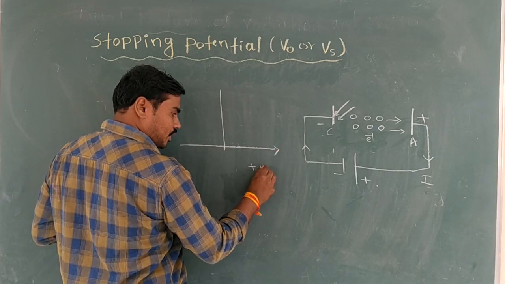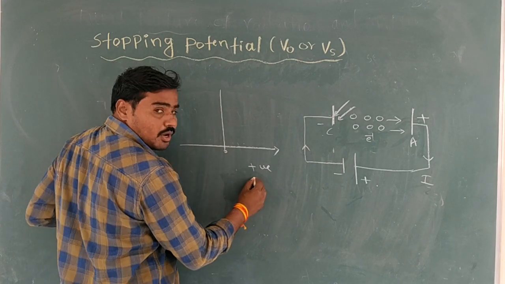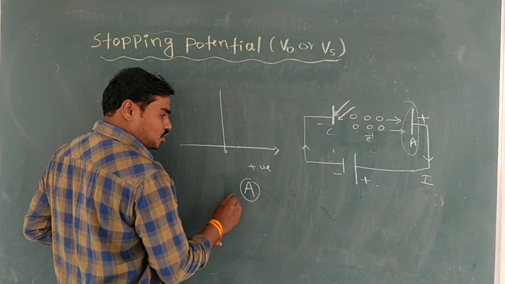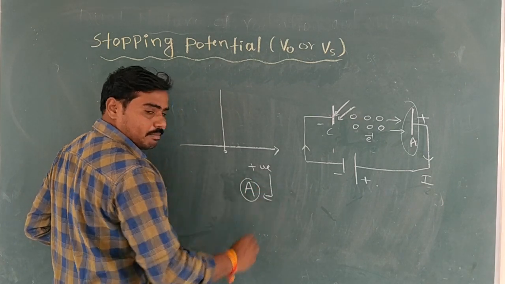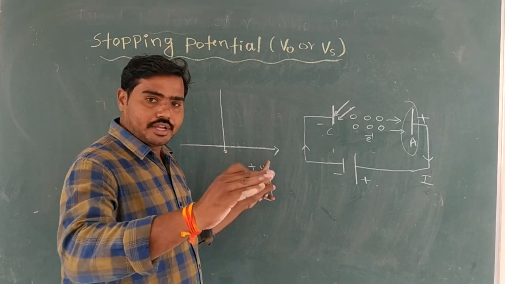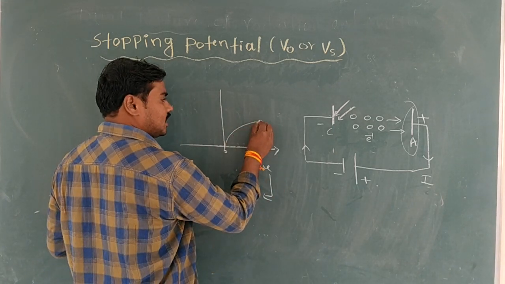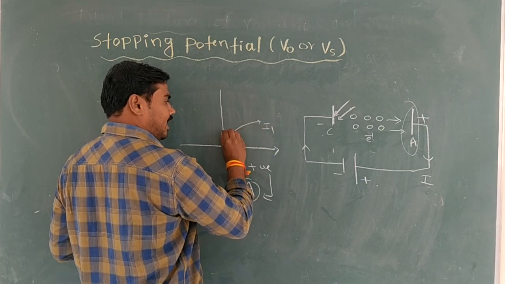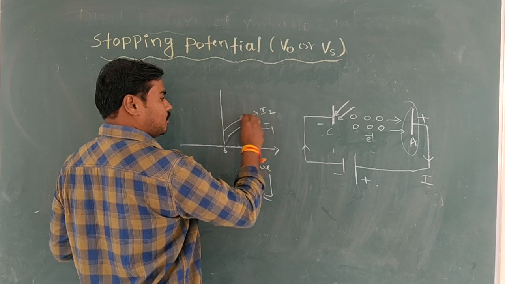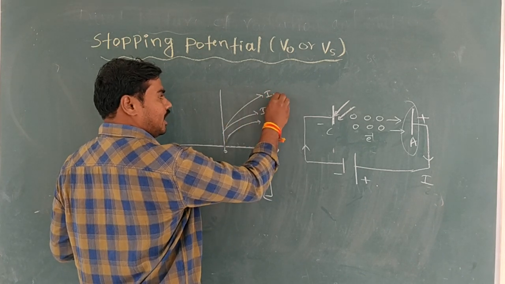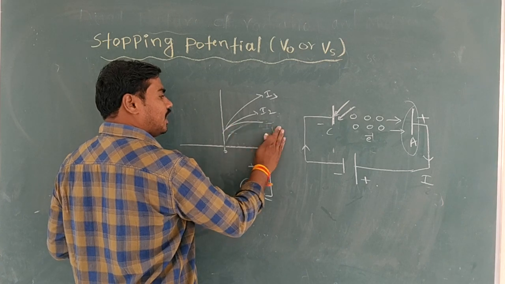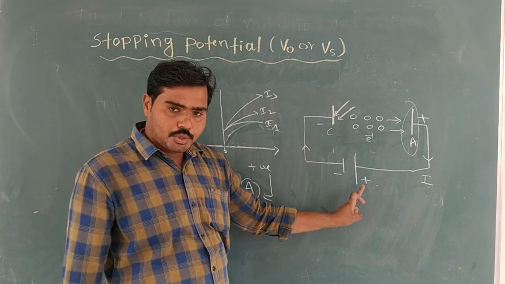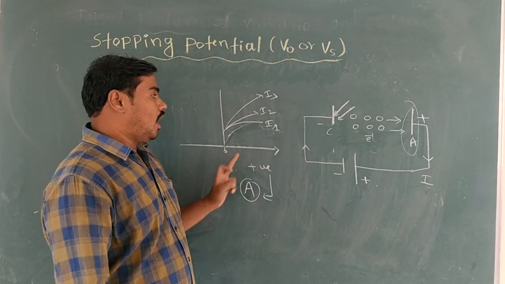Positive potential is given to which plate? The anode plate. When positive potential is given to the anode plate, current increases. That increasing current I am considering I1, and the next current I2, next current I3, like that. The current goes on continuously increasing. As you increase the potential, the current also increases.